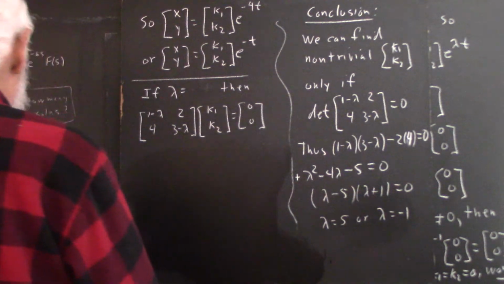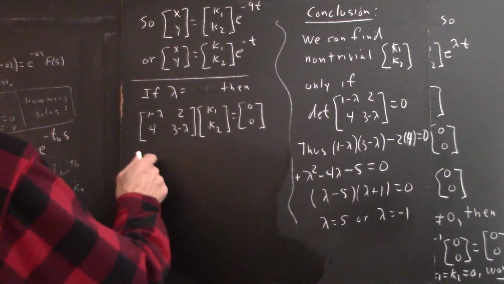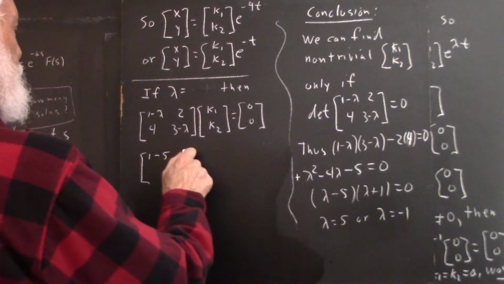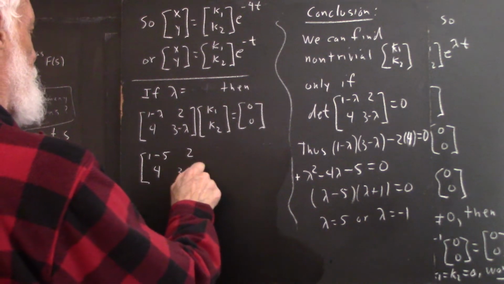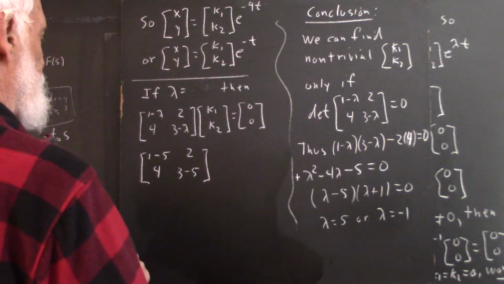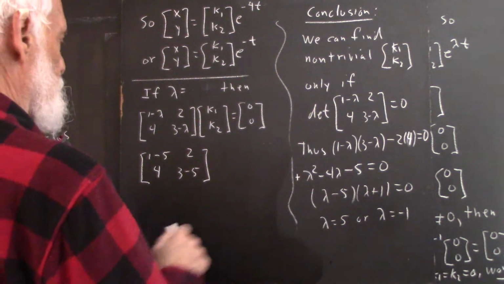So now we plug in lambda equals 5, and we get 1 minus 5, 2, 4, 3 minus 5. Yeah, that's going to work fine.